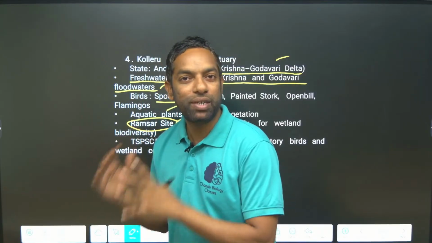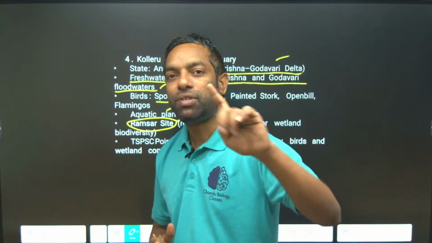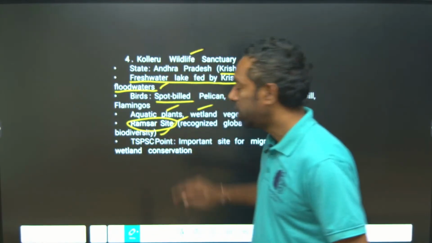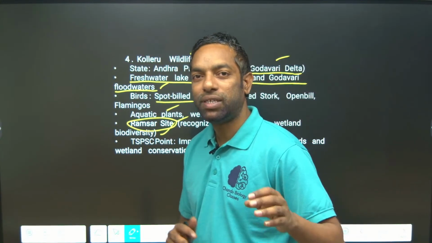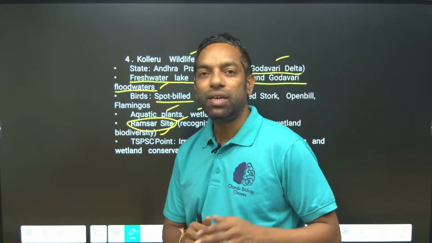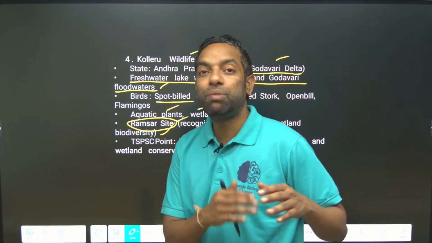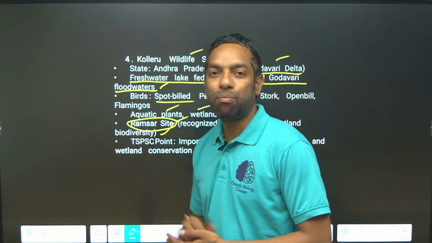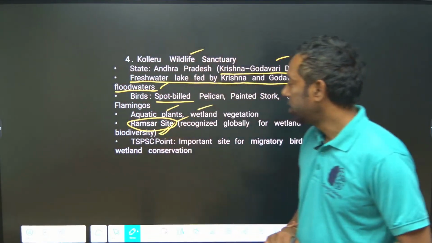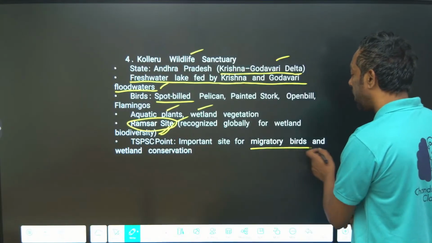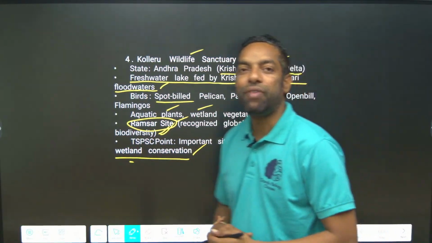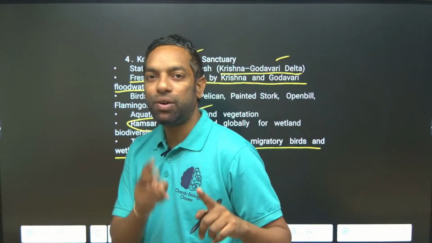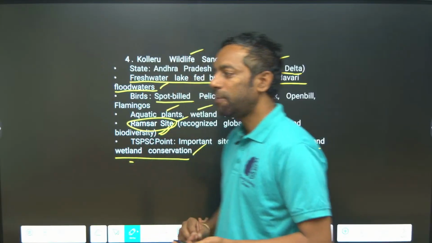Ramsar listed site means it supports biodiversity and unique features, and it can support irrigation for populated habitations. It is an important site for migratory birds and wetland conservation. Kolleru Lake is formed by two rivers, Krishna and Godavari.